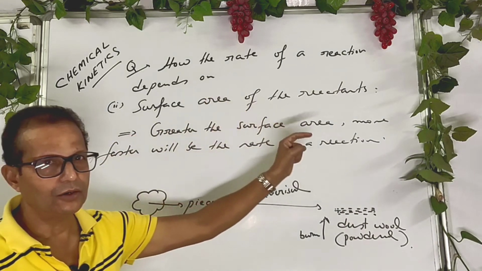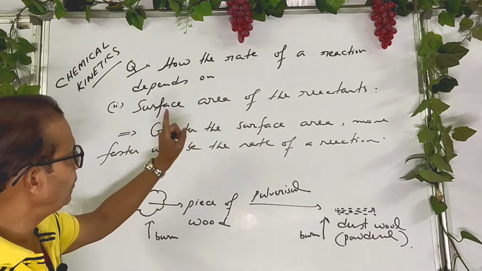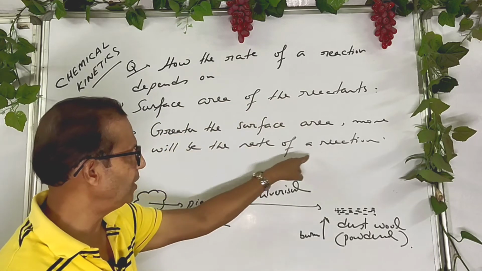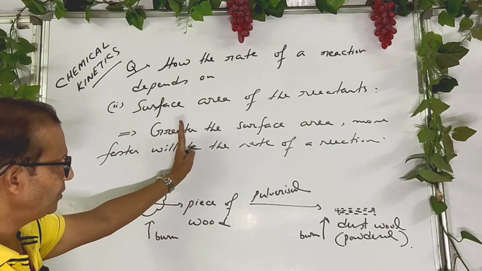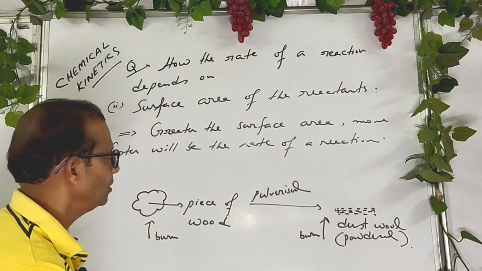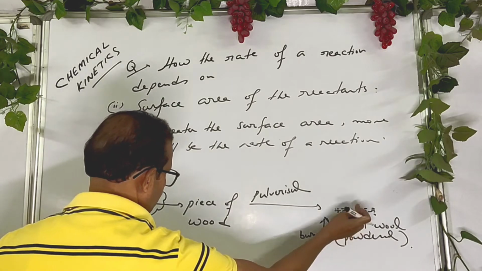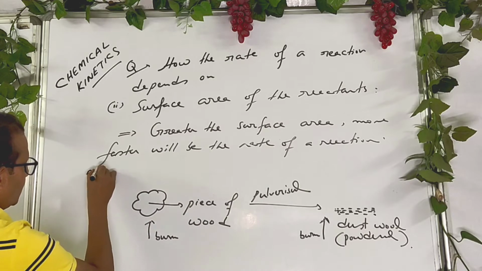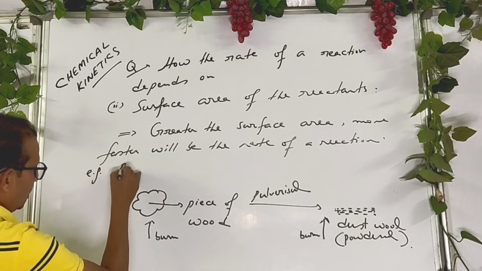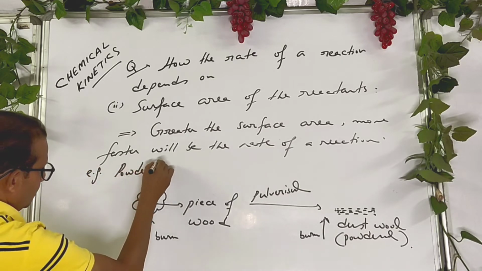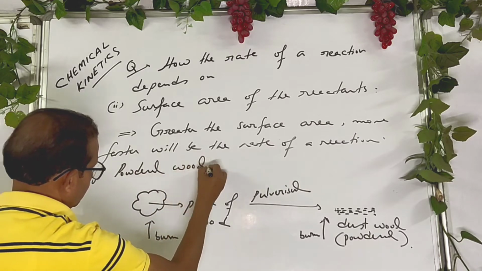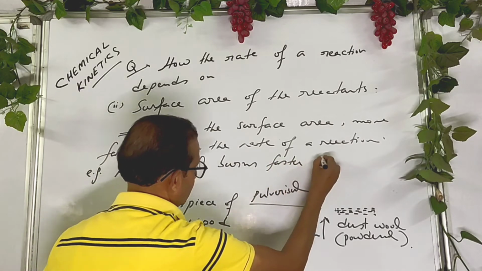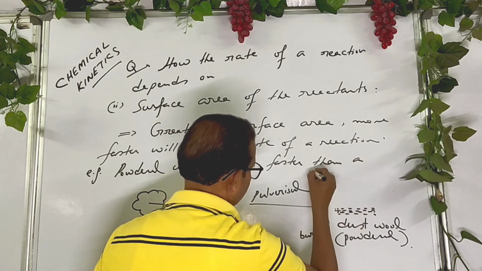That's why you can conclude that the rate of a reaction is directly proportional to the surface area of the reactant. Greater the surface area, greater the rate. For example, powdered wood burns faster than a piece of wood.